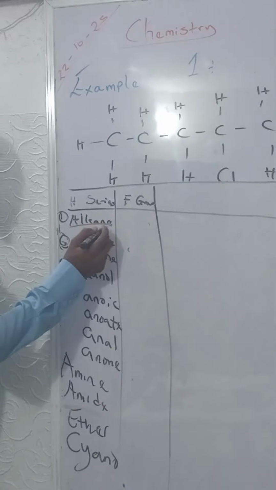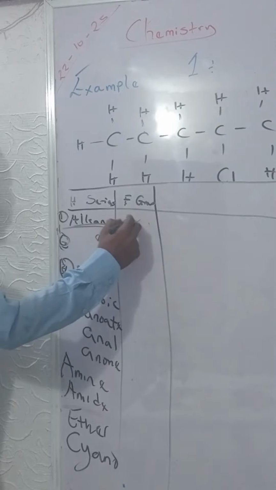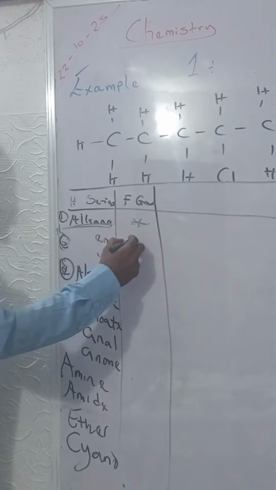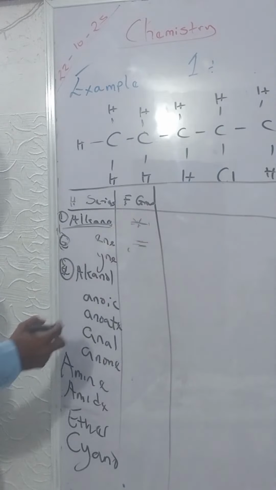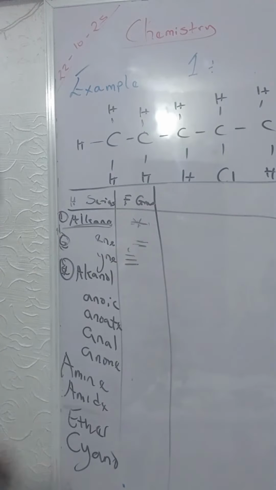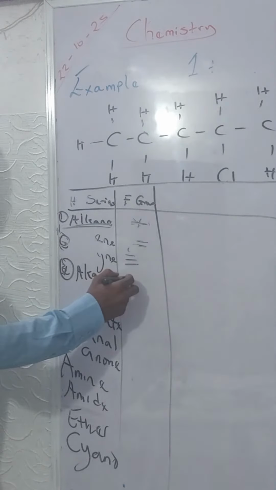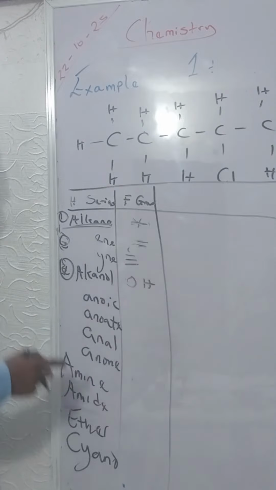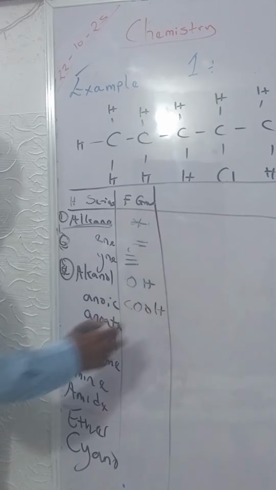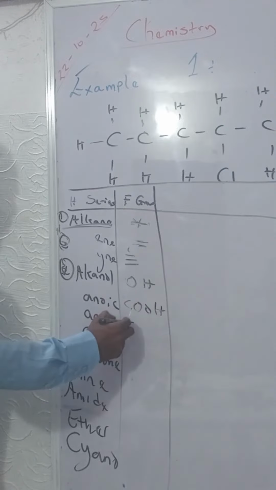The alkane family, their functional group is nothing. They have no functional group. The alkene, their functional group is the double bond. The alkyne, their functional group is the triple bond. The alkanol, their functional group is OH. The alkanoic acid, their functional group is COOH. The alkanoate, their functional group is COO.